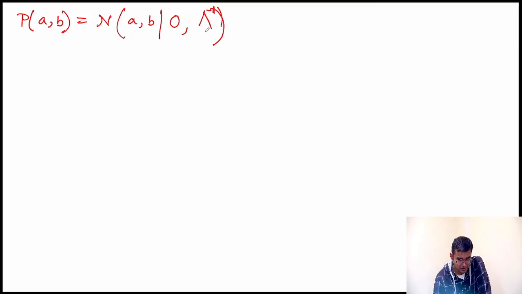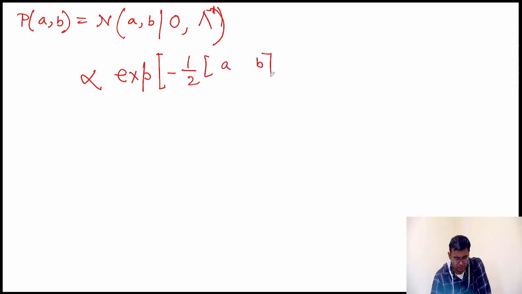And this is proportional to exponential of minus half A B transpose. I am just writing it as a row vector. Then there is this lambda. Will you agree if I write lambda in this form?